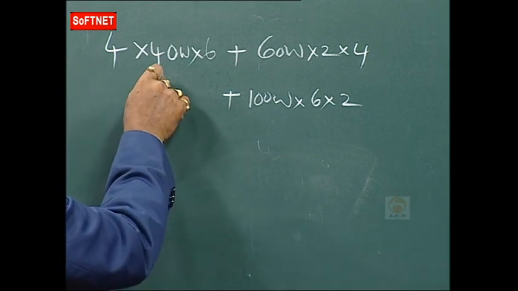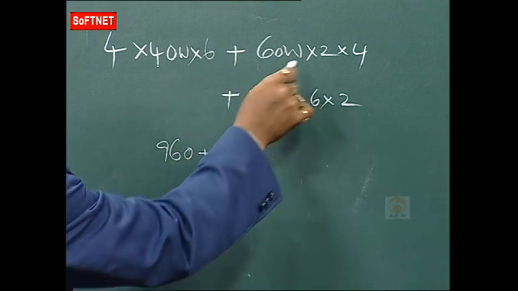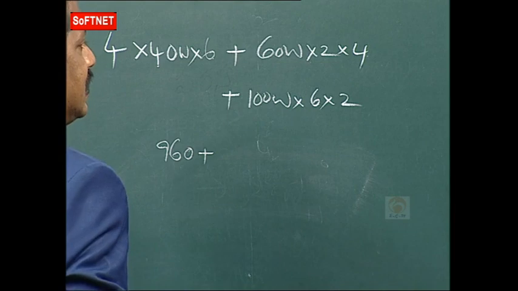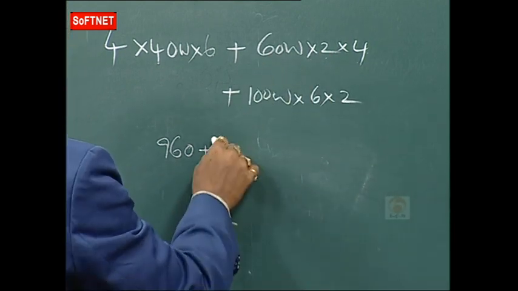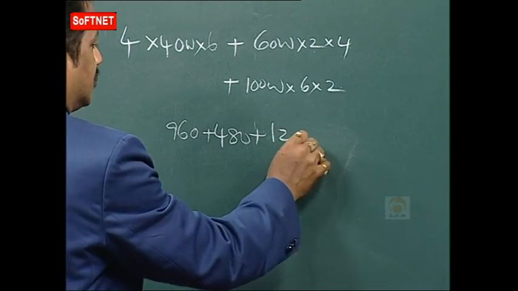4 fours are 160, and 160 times 6 is 960, plus 2 fours are 8, 8 times 60 is 480, and 6 twos are 12, so 1200, correct.